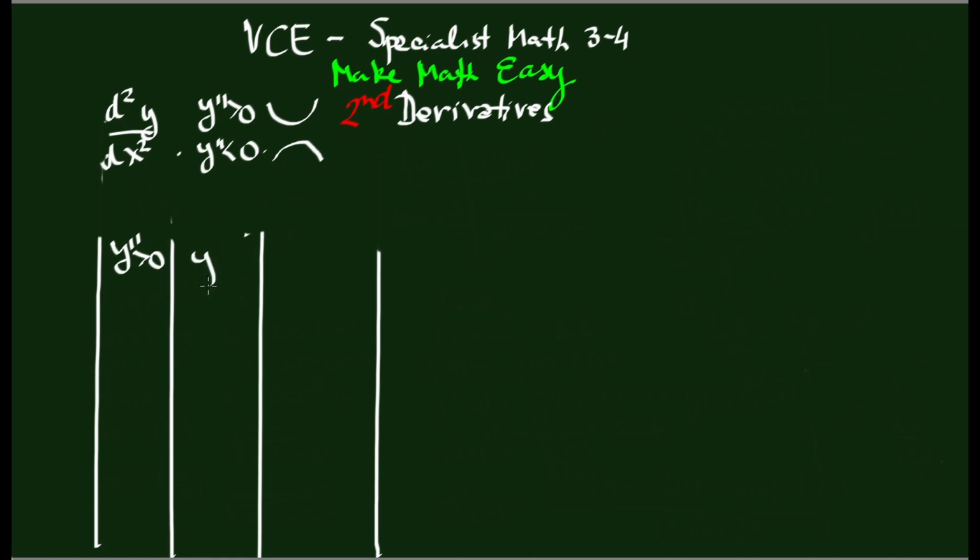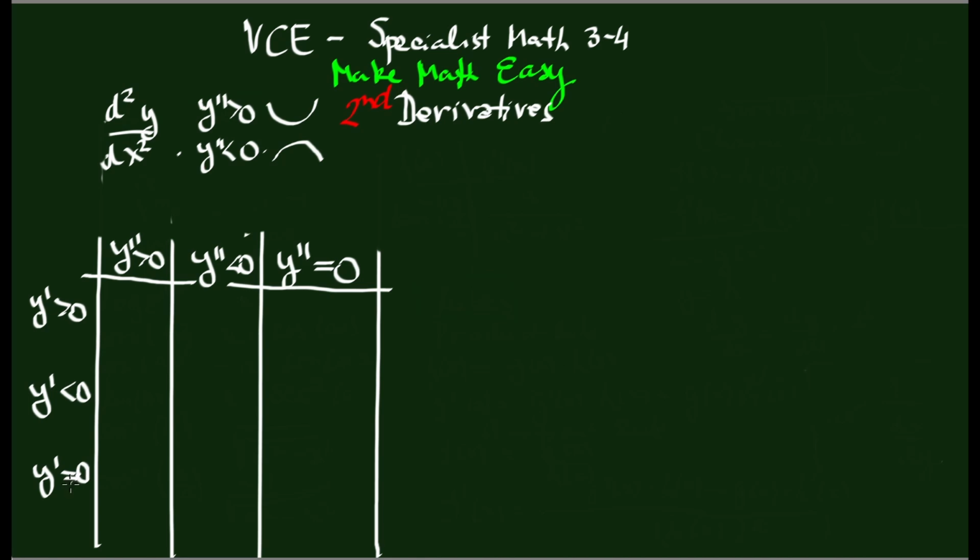Then we have the second derivative less than 0, and we will have the second derivative equals 0. That's our first column. And our first row will be the first derivative greater than 0. Then we'll have the first derivative less than 0. And we will have the first derivative equals 0.